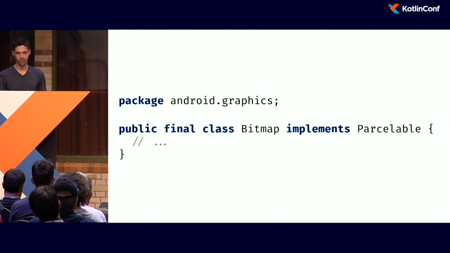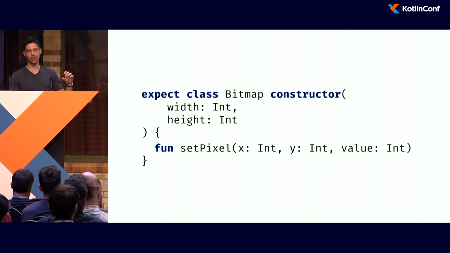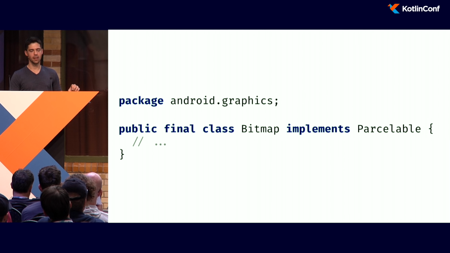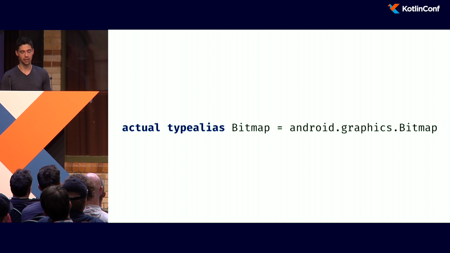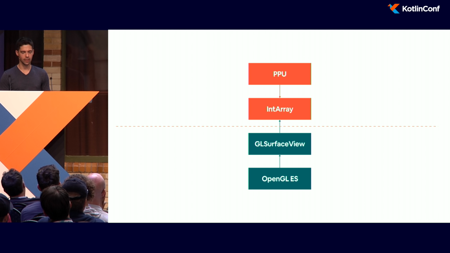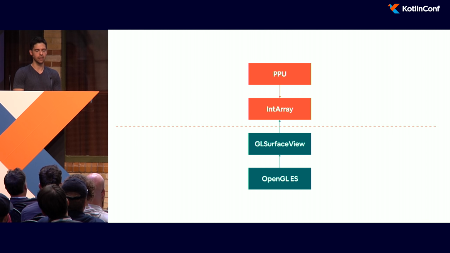In this case, our expect bitmap class had a setPixel, and the Android SDK's bitmap class also has that method. So it matches nicely, and you can use a type alias for that. In that case, we can just use the default implementation and be done.